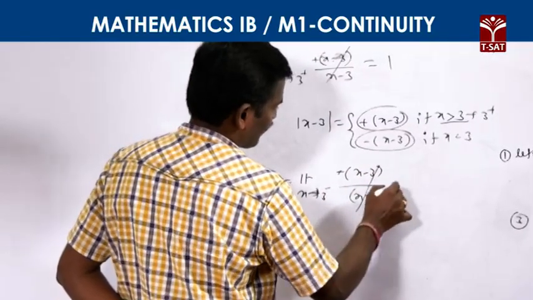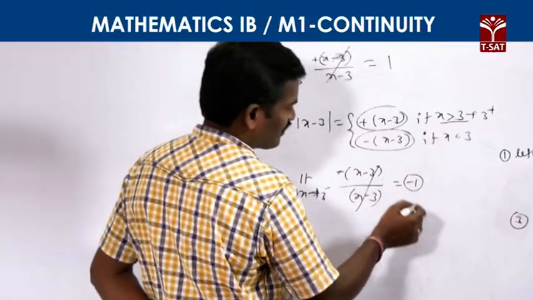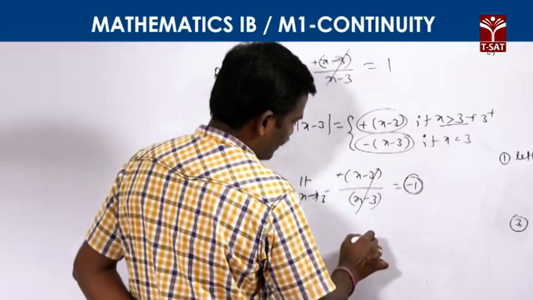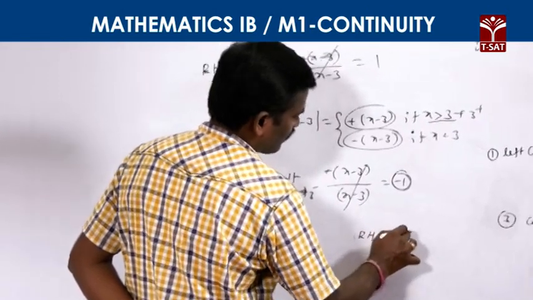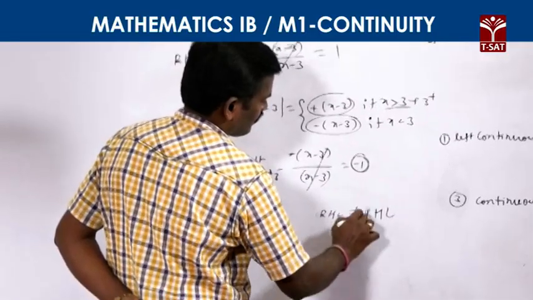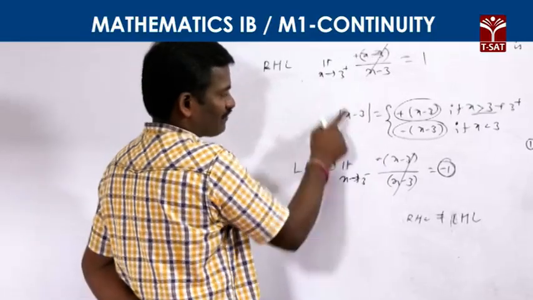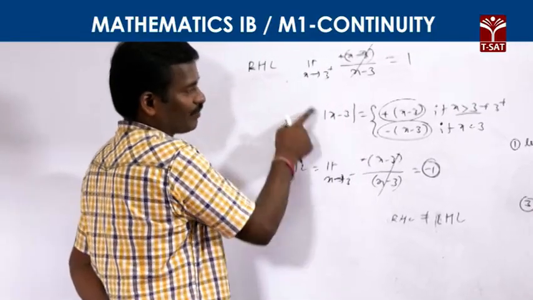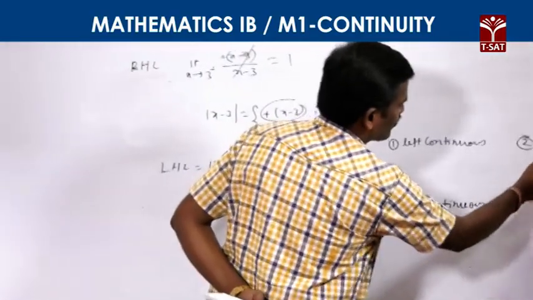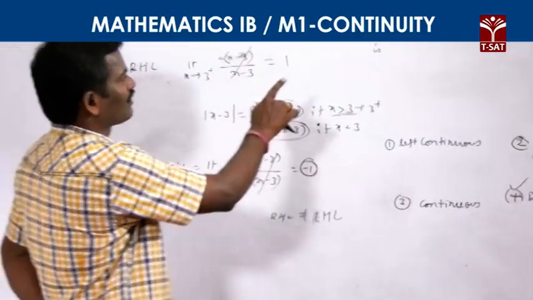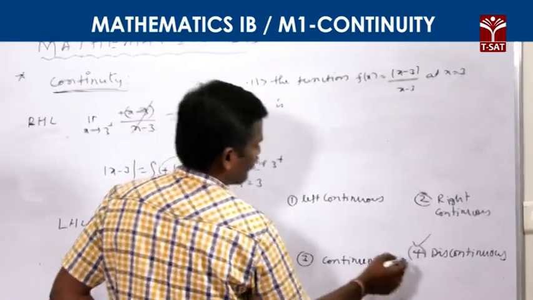This cancels, only minus 1 is left. It is a constant function, so there is no need to substitute the value. So minus 1. Here LHL is not equal to RHL. The left limit is not equal to the right limit, so the limit does not exist. That means it is not a continuous function; it is a discontinuous function at x equals 3.